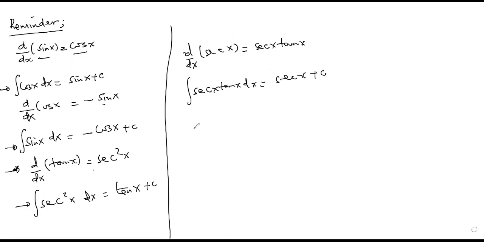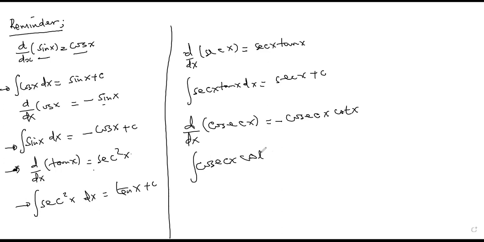Another one, when we differentiate cosec x, we get negative cosec x cot x, implying that when we integrate cosec x cot x dx, we should get negative cosec x plus a constant.